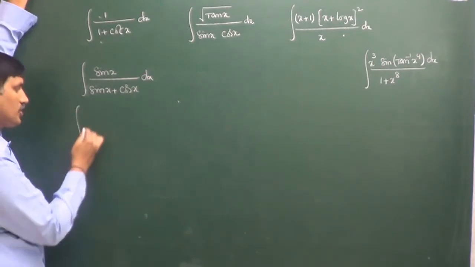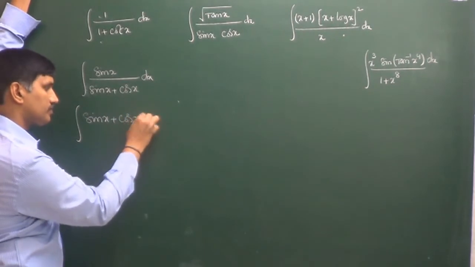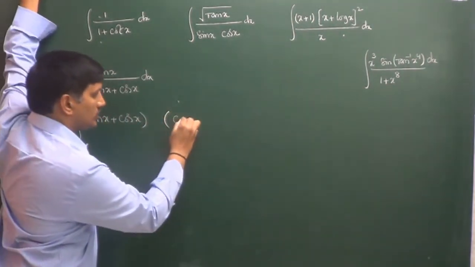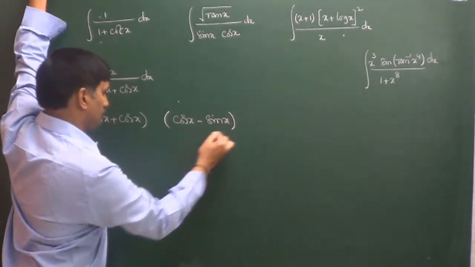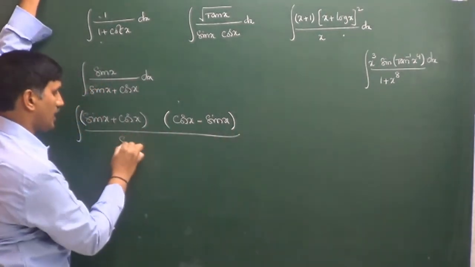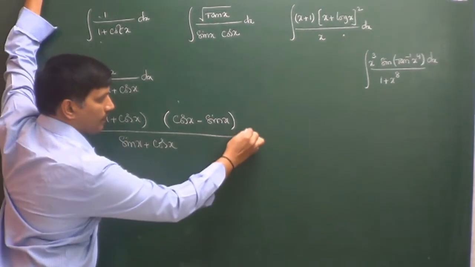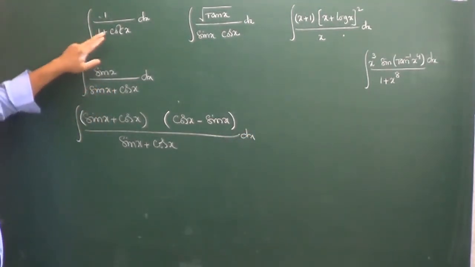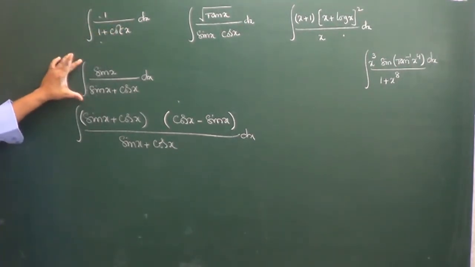This is equal to integration of, I am writing sin x plus cos x, next its differentiation, cos x minus sin x, divided by sin x plus cos x. All of you observe here. This is the question, because cot x can be written as cos x by sin x, and if you take LCM, we will get this one. Now its integration we have to do.